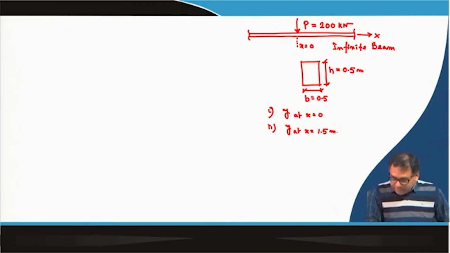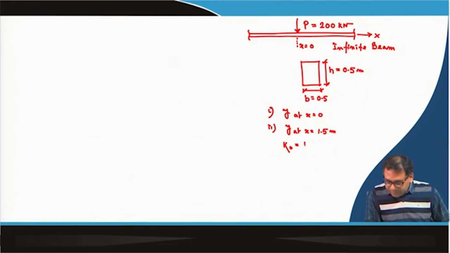Now, the k value which is given, basically it is k0, which is given as 15,000 kilonewton per meter square per meter.